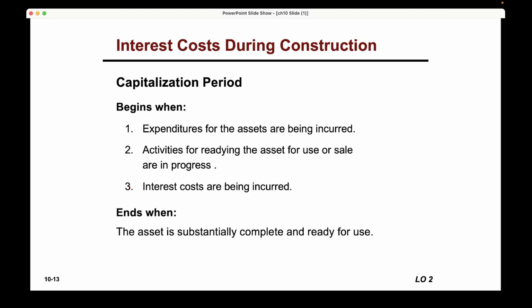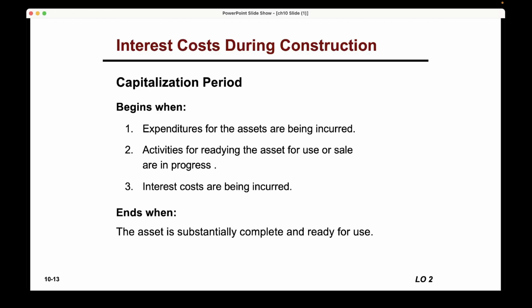Now, let's take a closer look at the capitalization period. This is the time frame during which interest costs can be capitalized as part of the cost of the asset under constructions. The capitalization period begins when three conditions are met. You can see from 3 points here.